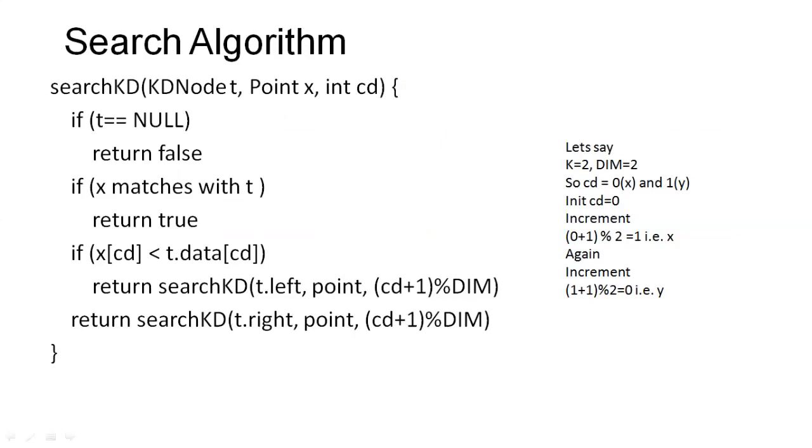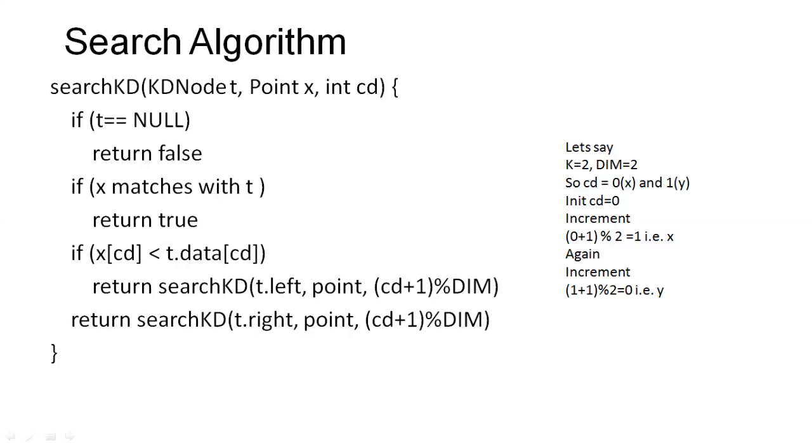So this CD may have a value like 0 and 1, where 0 represents the X coordinate and 1 represents Y. When CD is equal to 0, it means that we have to partition or compare only the X value. If CD is equal to 1, then we have to compare the Y value. So this is how it's going to work.